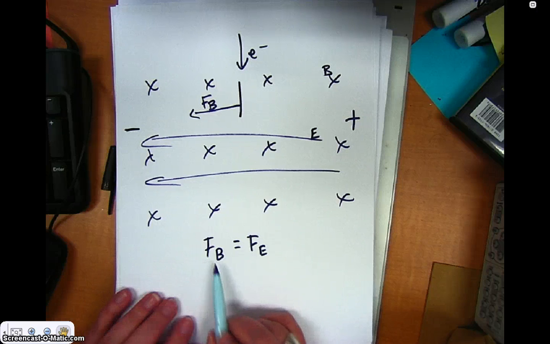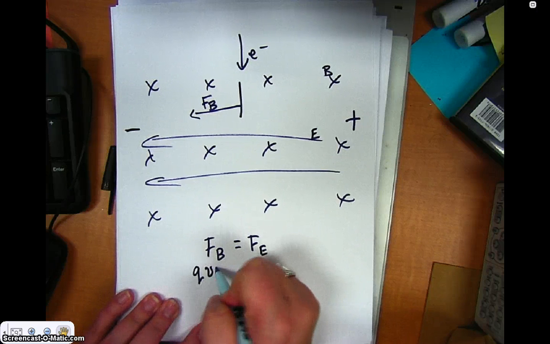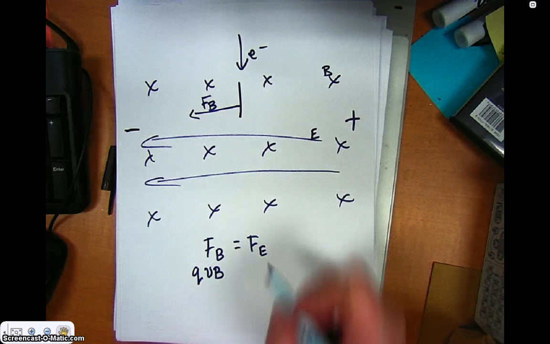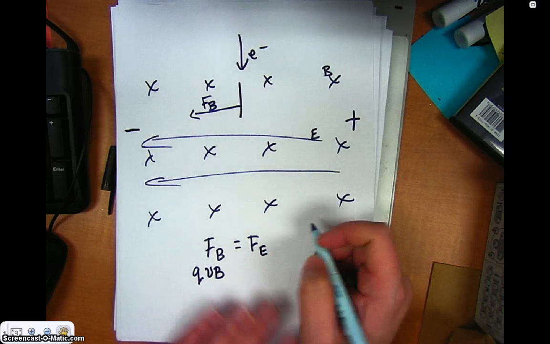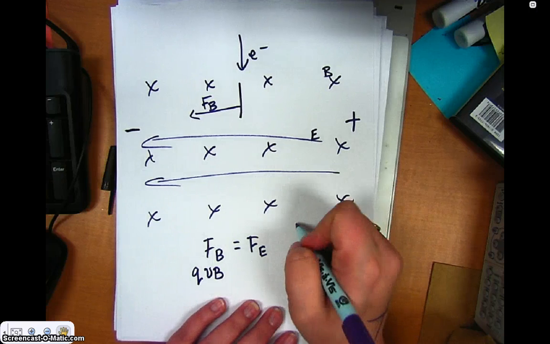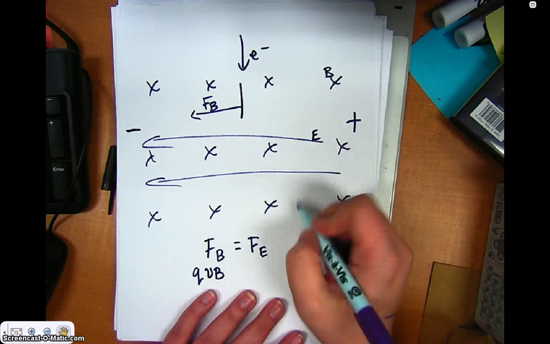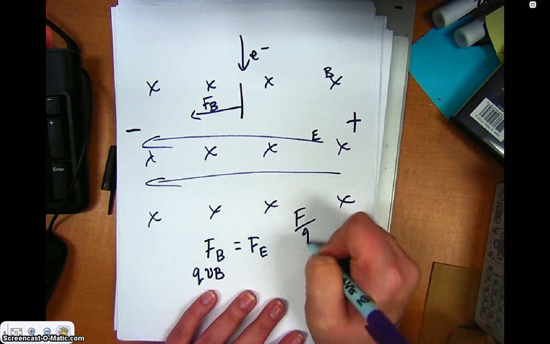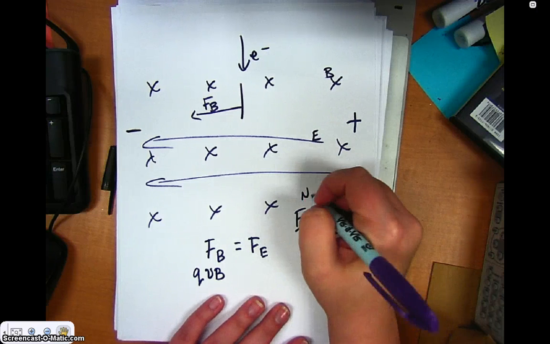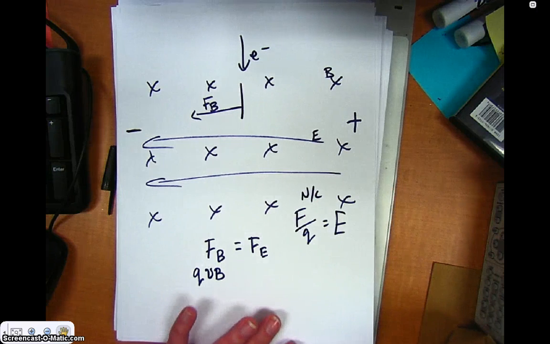So remember that QVB is the magnetic force, and the electric force, in relation to an electric field and a charge, is that force over charge gives us the electric field. Remember that it's newtons over coulombs for electric field as a unit.